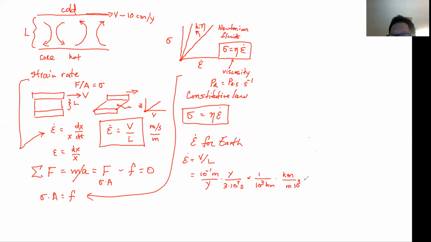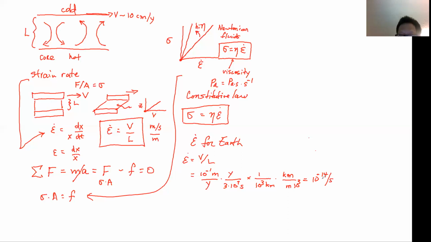So what you get is 10 to the negative 14 per second. That's the average strain rate for mantle convection and plate tectonics here on Earth. As long as you know the average plate velocities, this is what you get. It has units of 1 over time.